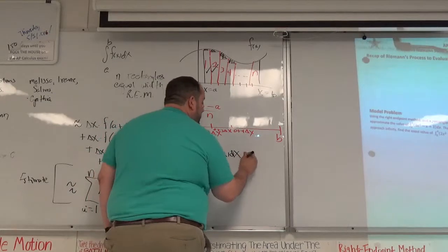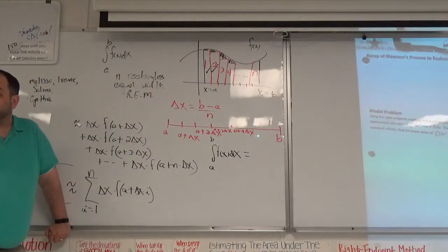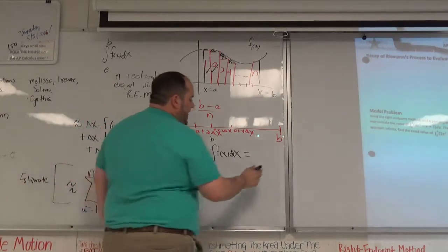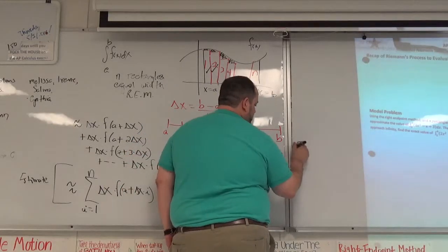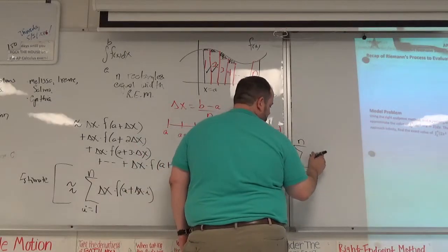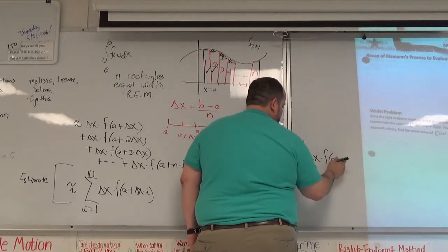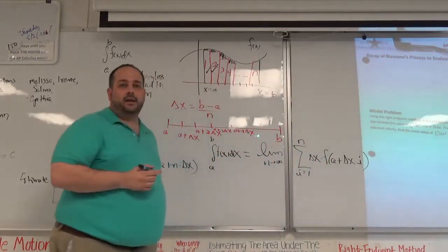You're going to add more rectangles. How many more rectangles do we want? Infinite. You want an infinite number of rectangles. And so that's when we're going to write this limit as n approaches infinity, big sigma, i goes from 1 to n, delta x is your width, f of a plus delta x times i.